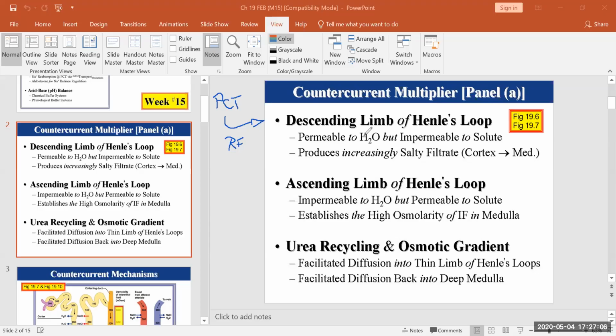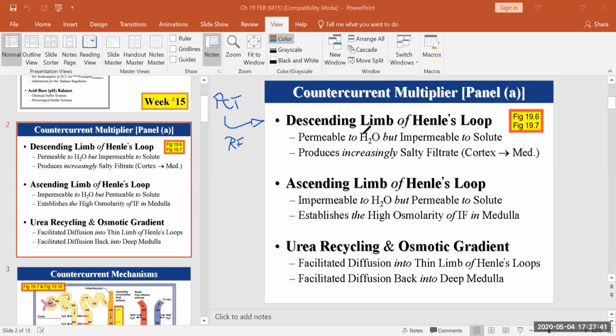This is the space outside of your loop of Henle. So as water is leaving and the renal filtrate is going deeper into the medulla, you are basically concentrating that renal filtrate because that water is leaving the renal filtrate.